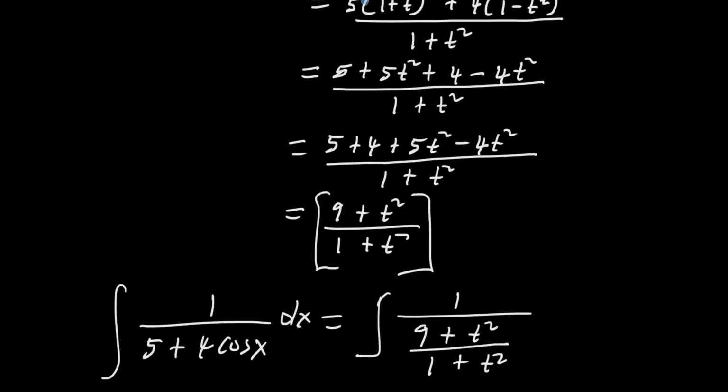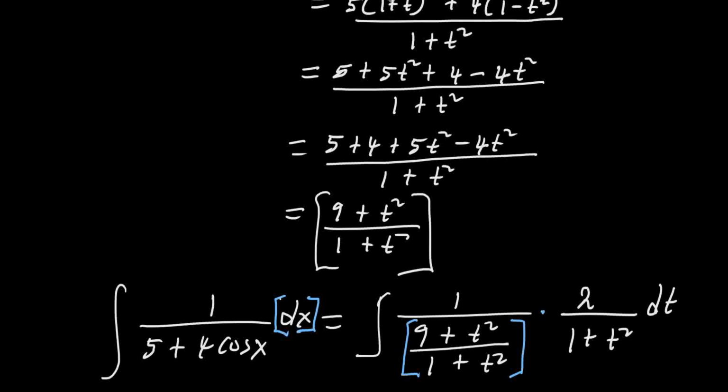Remember, this is the denominator. Now, dx, we also have a value for dx, so we are going to substitute that into this part, and that would be dx is 2 over 1 plus t squared dt.